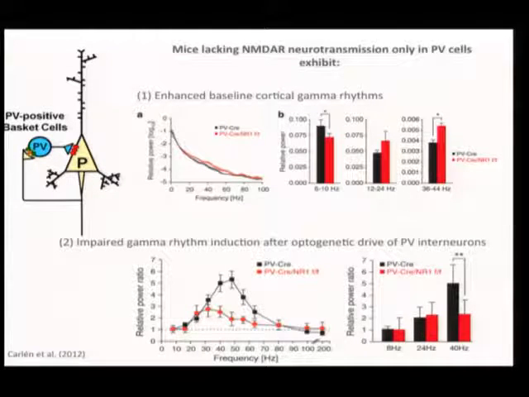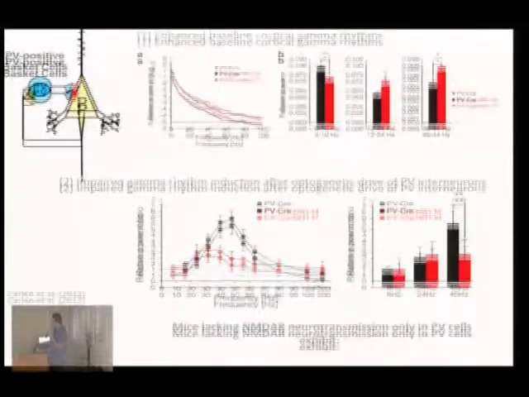But the PV-Cre NR1 knockout shows a deficit in the gamma oscillations evoked by optogenetics. So you can see both. You can see baseline enhancement of gamma and a decrease in optogenetically evoked gamma oscillations.